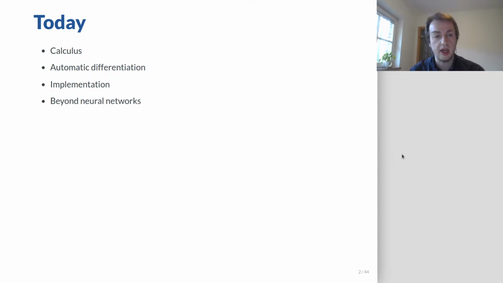Then we'll dive into a few more details regarding the implementation of these systems in deep learning libraries. And finally, I want to show you a few examples of use cases of automatic differentiation that go beyond neural networks.